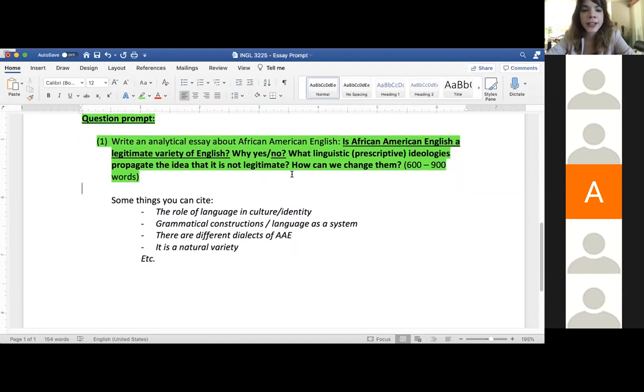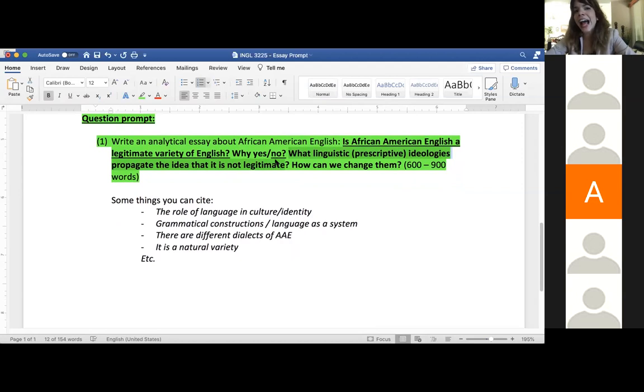All right. So what linguistic prescriptive ideologies propagate the idea that it's not legitimate? We spoke a little bit about some of them, you know, how language ideologies are based on ideas of good and bad. And a lot of the times language ideologies are really deep down, no son ideología del idioma.